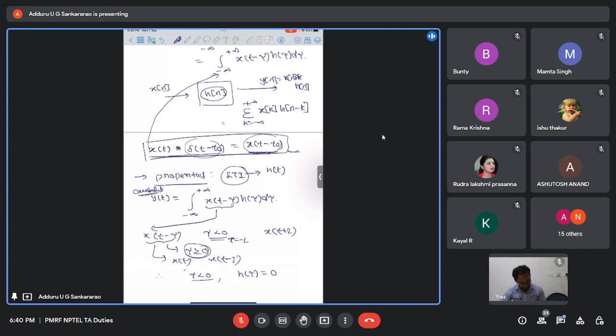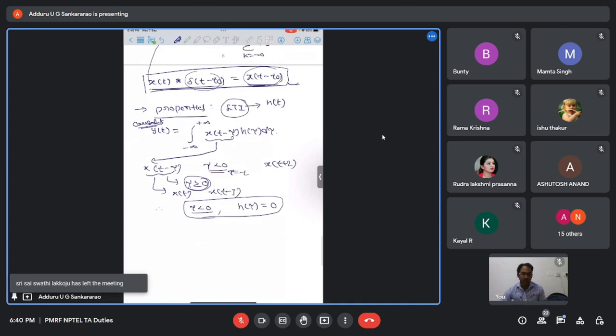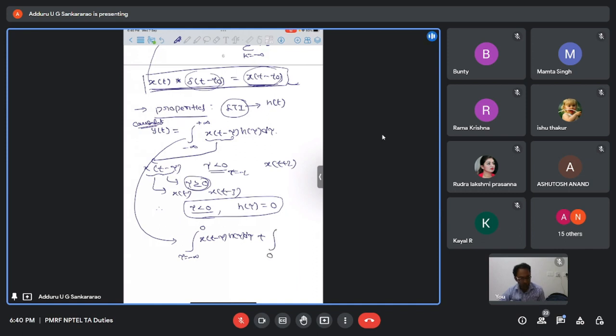See, in this integral, for tau less than 0, if h is 0, then what will happen? I am splitting the entire thing like this: tau equal to minus infinity to 0, x of t minus tau into h of tau d tau, plus 0 to infinity, x of t minus tau, h of tau d tau.